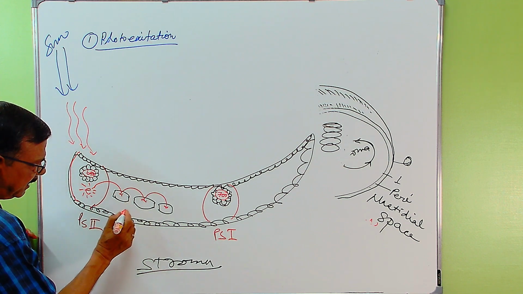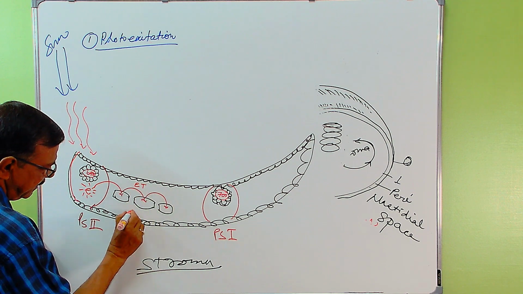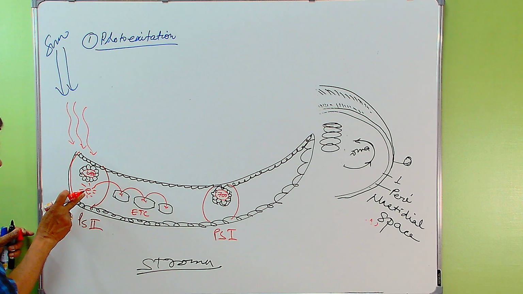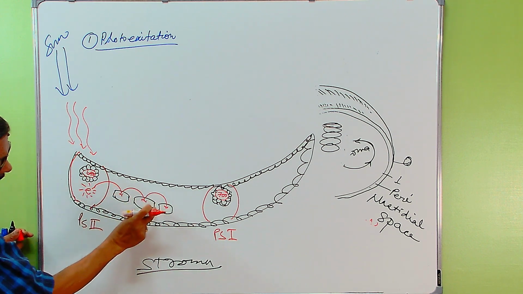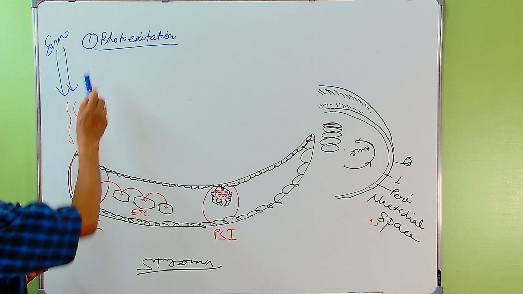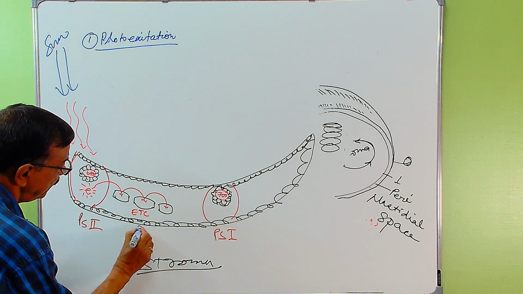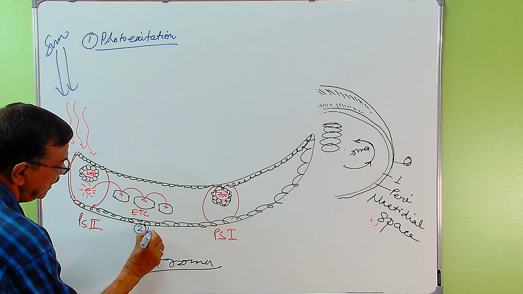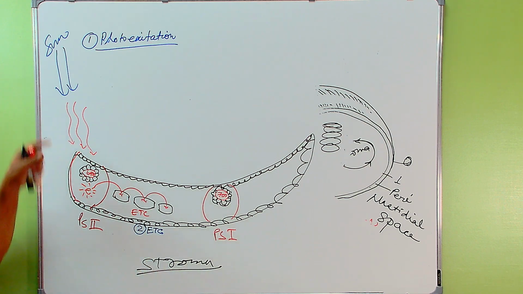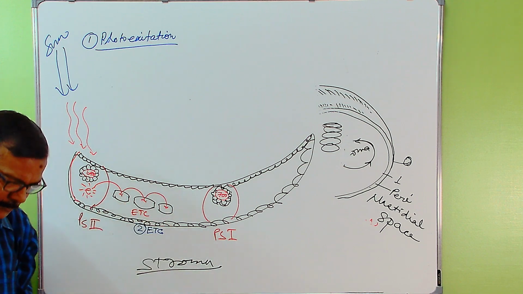This is known as ETC, the electron transport chain. This I am marking as 2. So what you will write: photoexcitation, then the electron passes on through the electron transport chain.